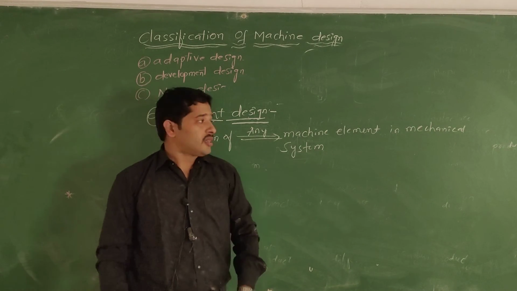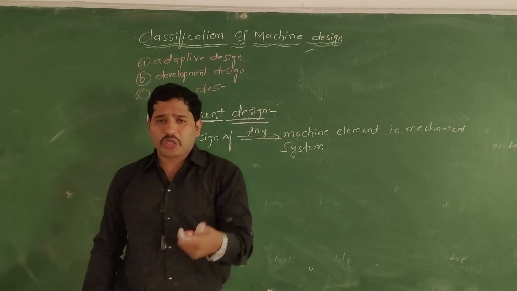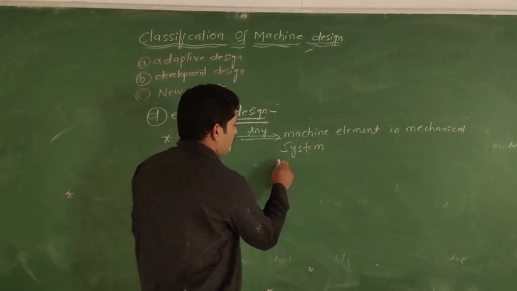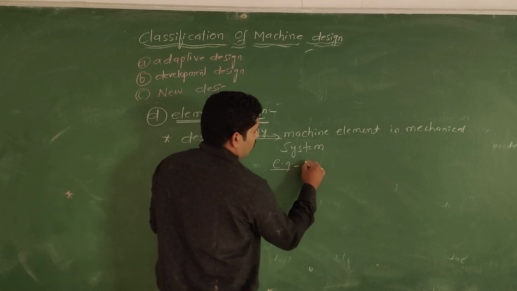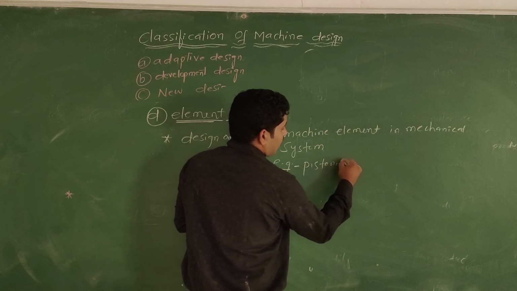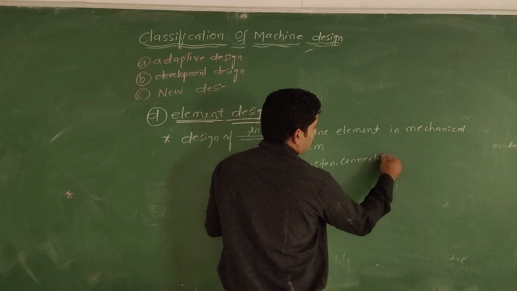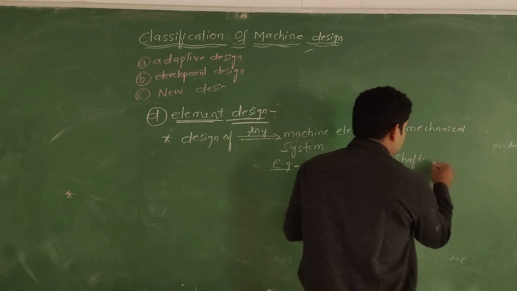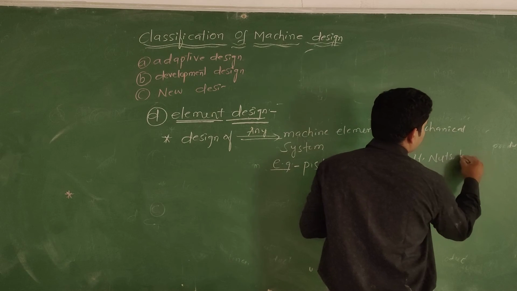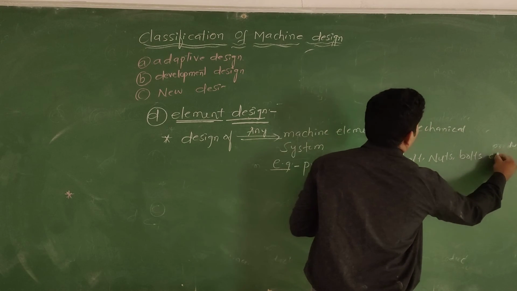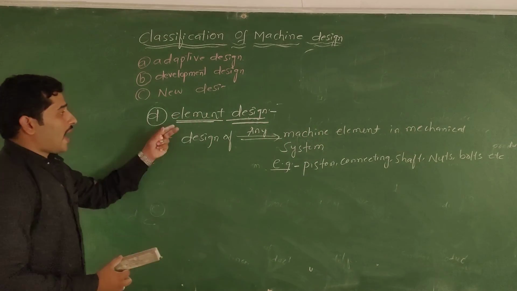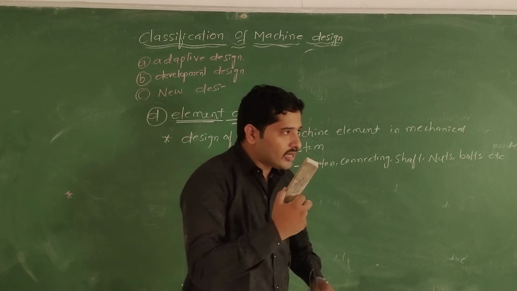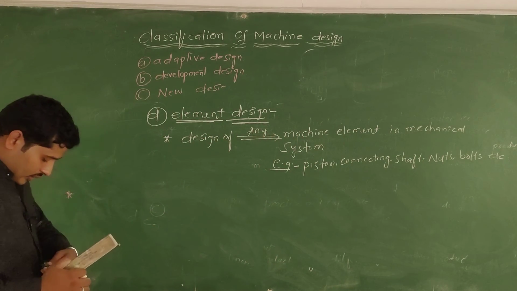So element means making any machine element, which may be piston, connecting rod, shaft, nuts, bolts, etc. Those are examples of element design. The design of any machine element in the mechanical system is known as element design.